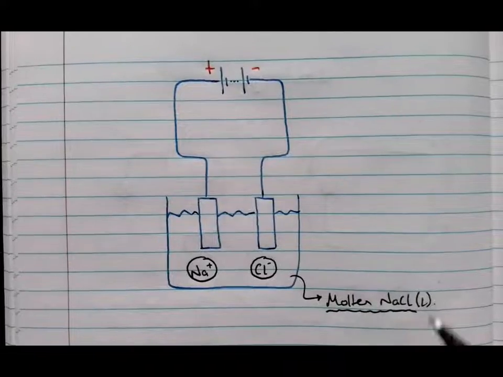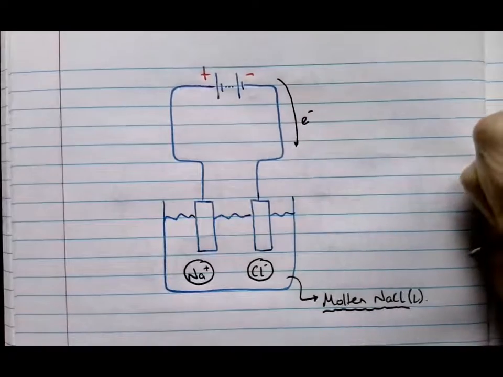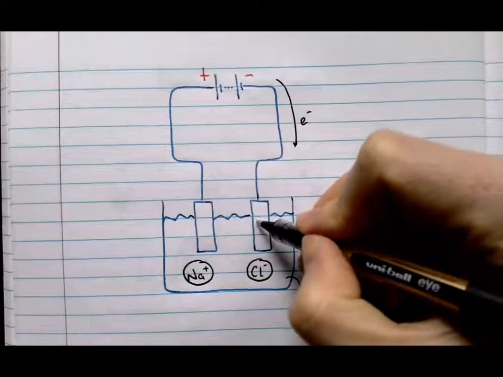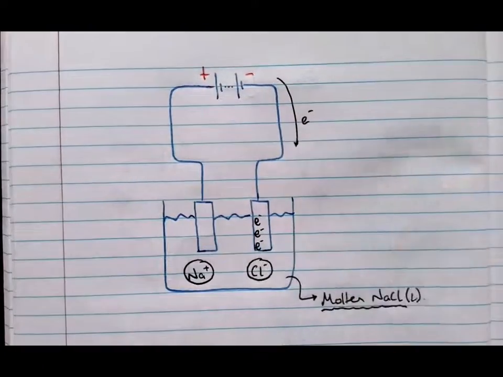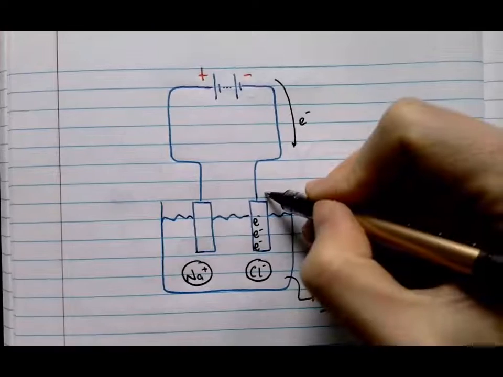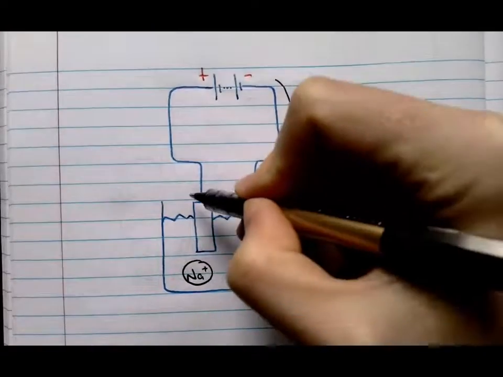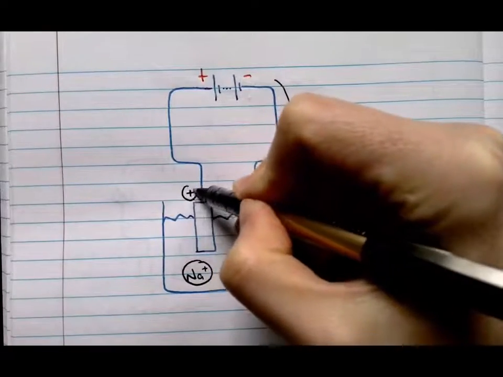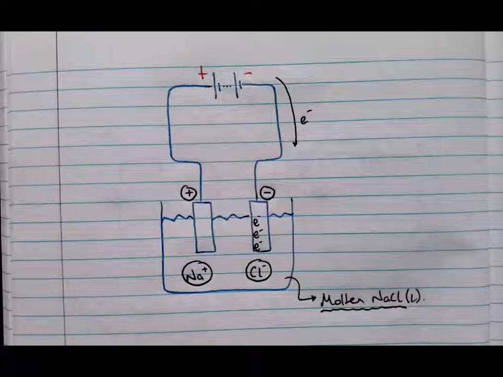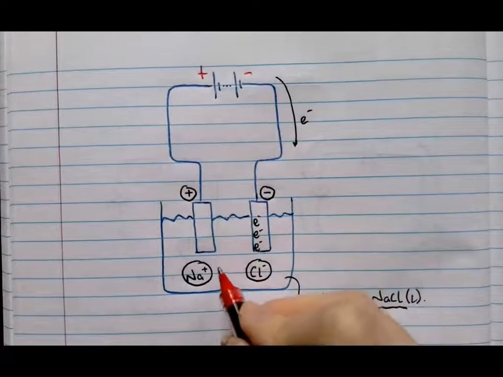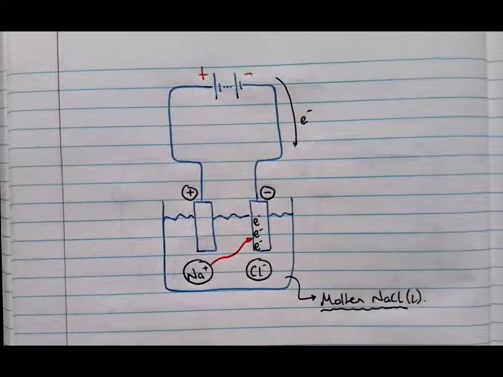Now, what happens is the electrons come down here through the circuit. And so at this end, I'm going to have electrons, which means that this end here is going to be negative, and this end here is going to be positive. So what happens now is, because this is negative, it attracts towards it the sodium ion.